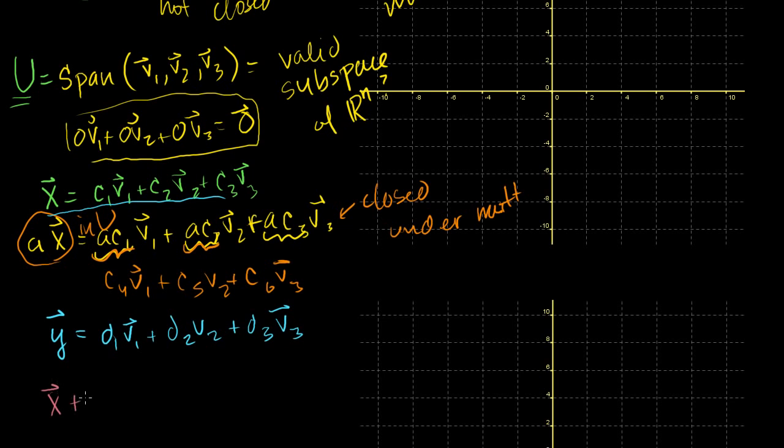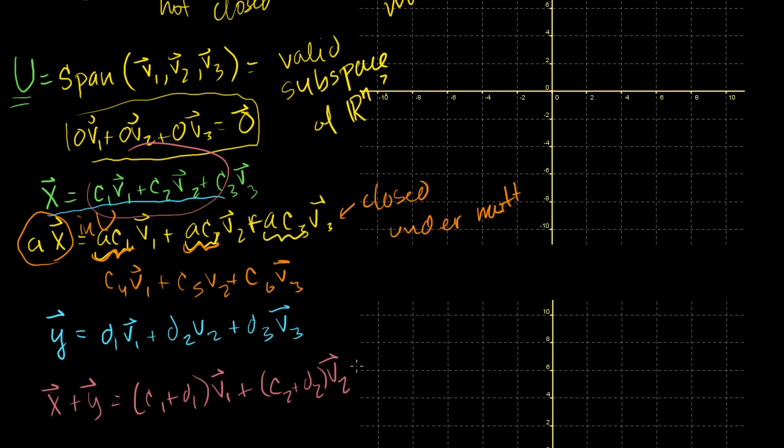Now what is x plus y? If I add these 2 vectors, what are they equal to? Adding x plus y means all of this stuff plus all of this stuff. If you add these together, you get c1 plus d1 times v1, plus c2 plus d2 times v2, plus c3 plus d3 times v3.